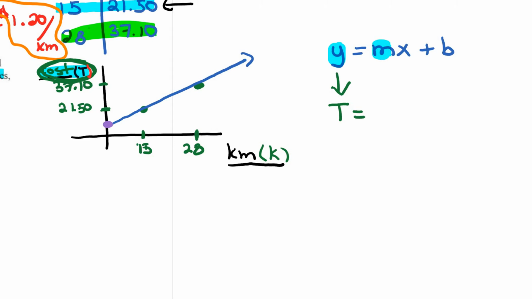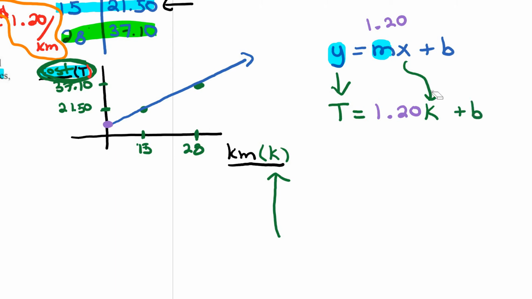We found that in part A: $1.20 per kilometer. And what does the x variable represent? Kilometers, which is K, and then plus b.